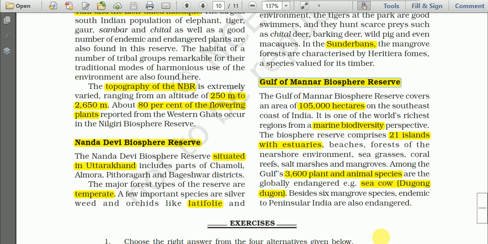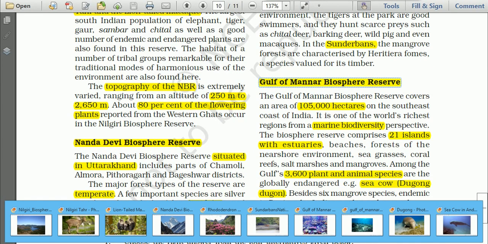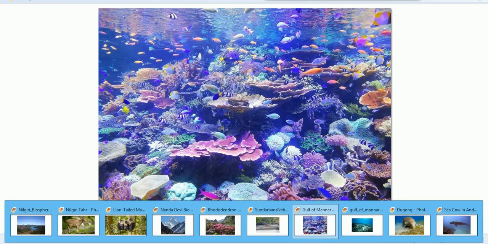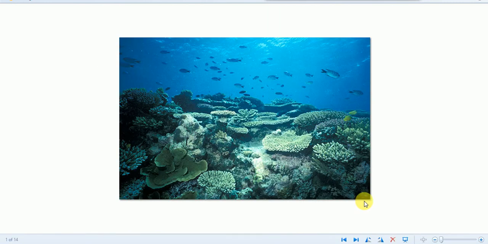Here we have a photograph showing this Gulf of Mannar marine biosphere reserve. This is underwater. Different plants and animals and fish are found here. And here this is another photograph showing Gulf of Mannar Marine National Park.